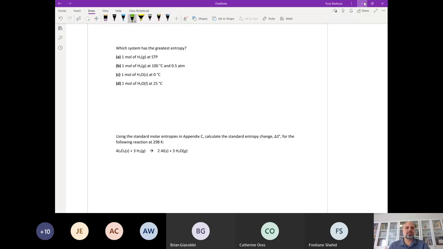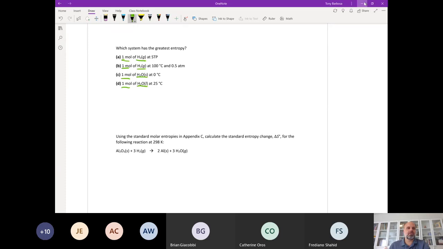All right, so let's take a quick look at this, right? All of them are exactly 1 mole, so the number of particles is the same for each of these. So we can rule that out of the system. Then we have H2 as a gas, H2 as a gas, H2O as a solid, and H2O as a liquid, right?